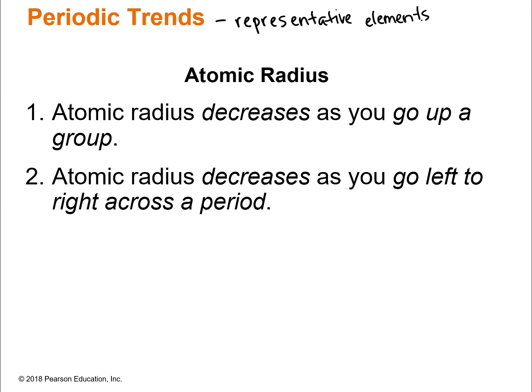So atomic radius, that's talking about the size of the atom. As you go up a group and left to right across a period, your atomic radius decreases.